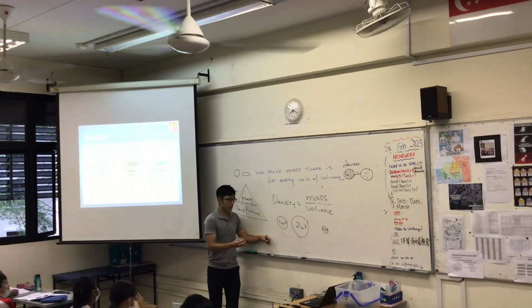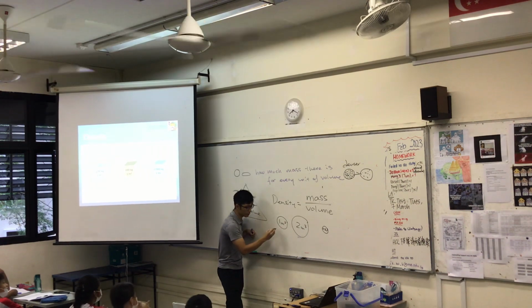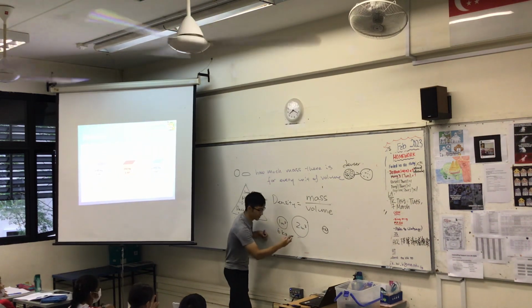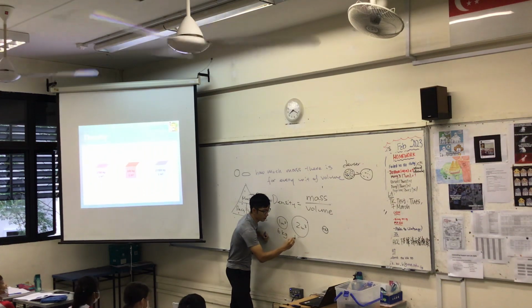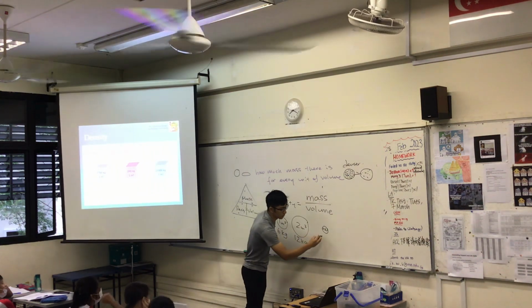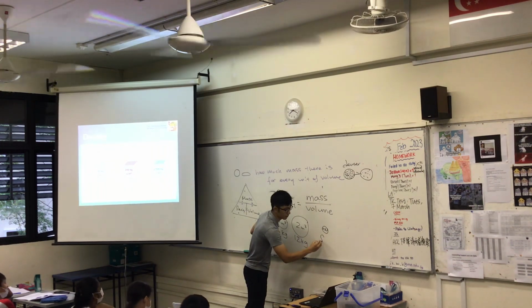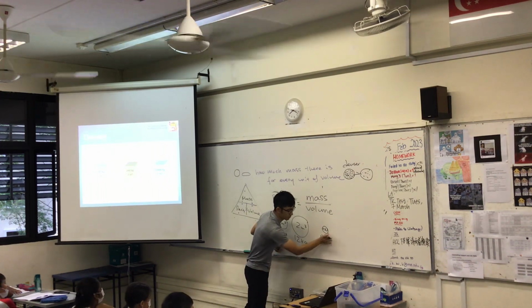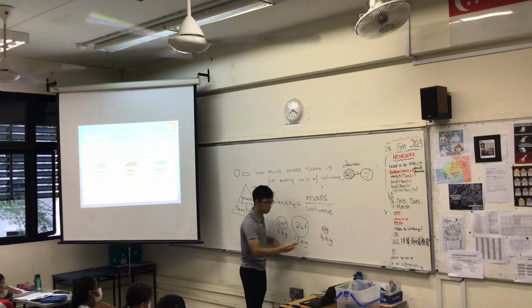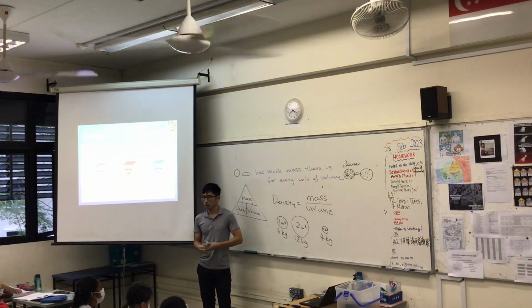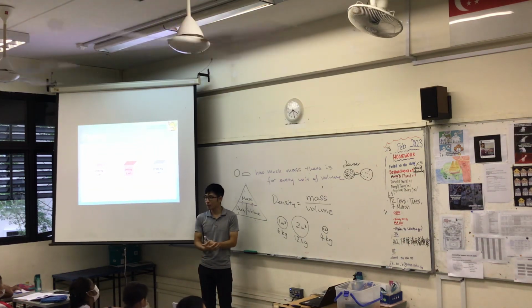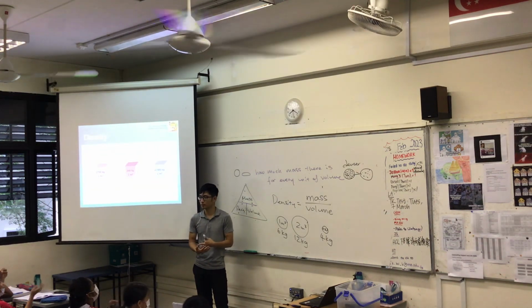Next, this one has a mass of 6 kg, 12 kg. Okay, quickly calculate which one is the densest.